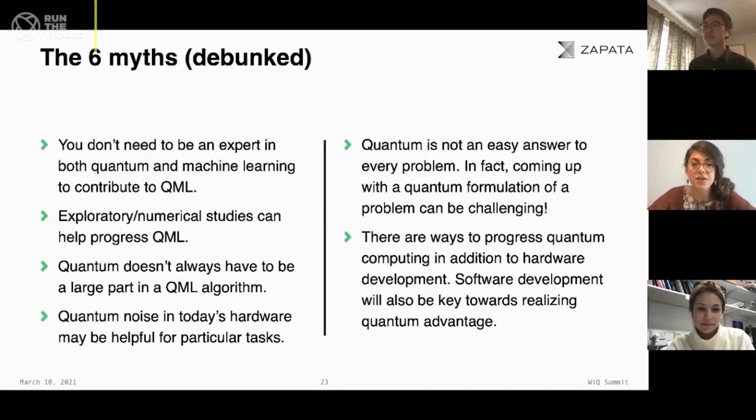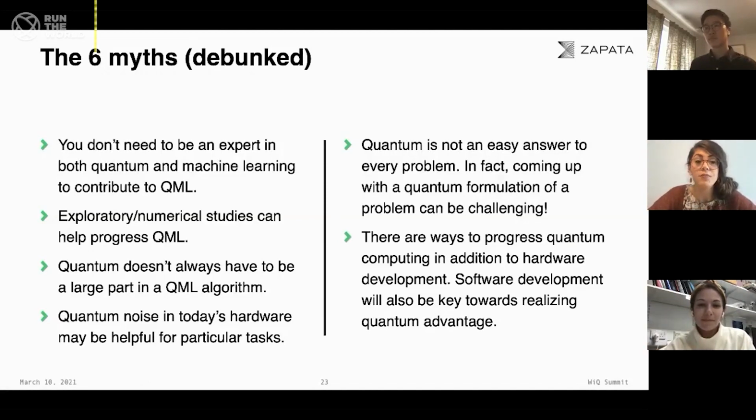Second, exploratory and numerical studies can help progress QML; as Anna was saying, you don't need to justify everything before you start. Then the third myth that we debunked is that quantum doesn't always have to be a large part of a QML algorithm, but can just be a trick.